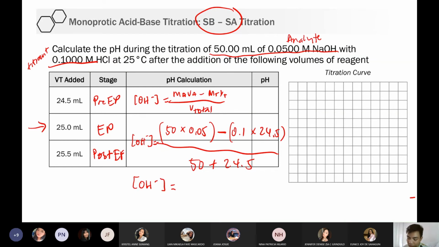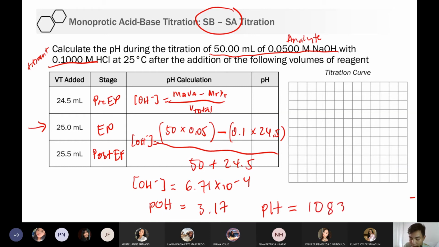Plug in na lang. 50 times 0.05 minus 0.1 times 24.5 over 50 plus 24.5. The concentration of OH is 6.71 times 10 raised to negative 4. POH is negative log of that, 3.17. And pH is 14 minus 3.17, 10.83.